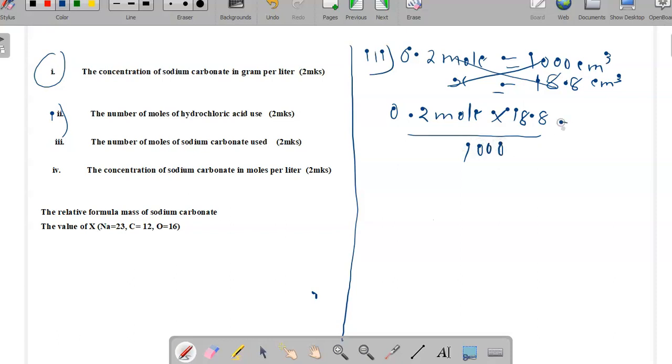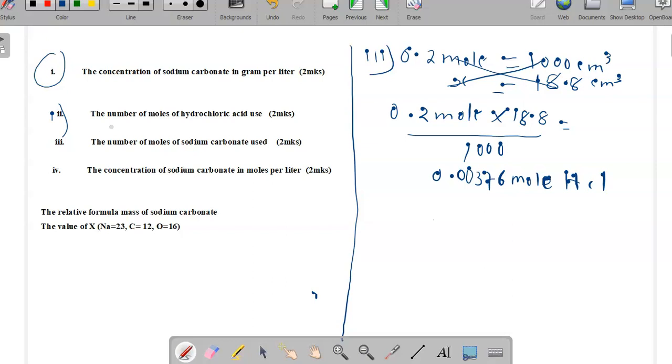When you multiply, you will get 0.00376 moles of which? Of HCl. This is the number of moles of HCl used.